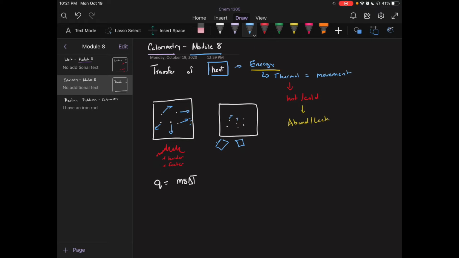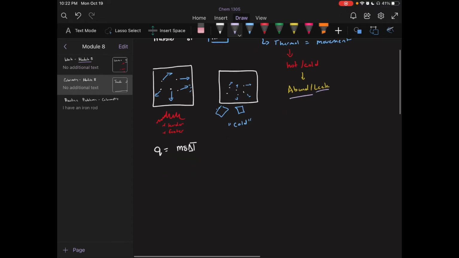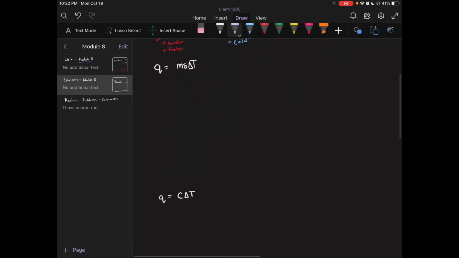Versus colder molecules, they're going to be moving slower. They are still going to bump into the walls, but not as hard, not as fast, not as constant. And our bodies interpret this as cold. And so hot and cold really does not exist in scientific terms. It's really just the lack of energy or the abundance of energy.